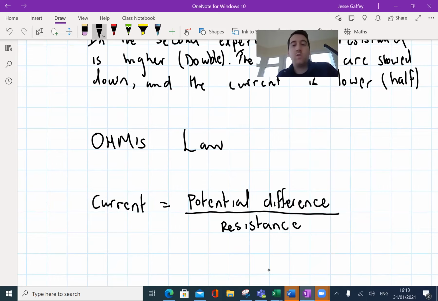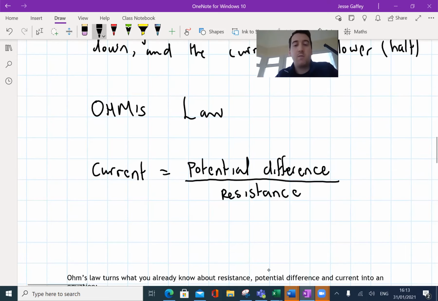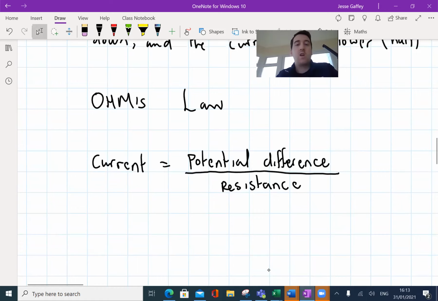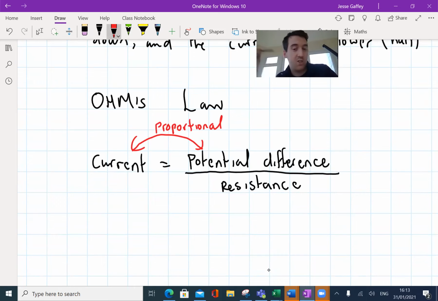Now, how do I know which one is on top and which one is on the bottom of this formula? Well, it all has to do with the relationship. The current and the potential difference are proportional. When we're talking about a proportional relationship, the proportional variable will be the numerator, like this.